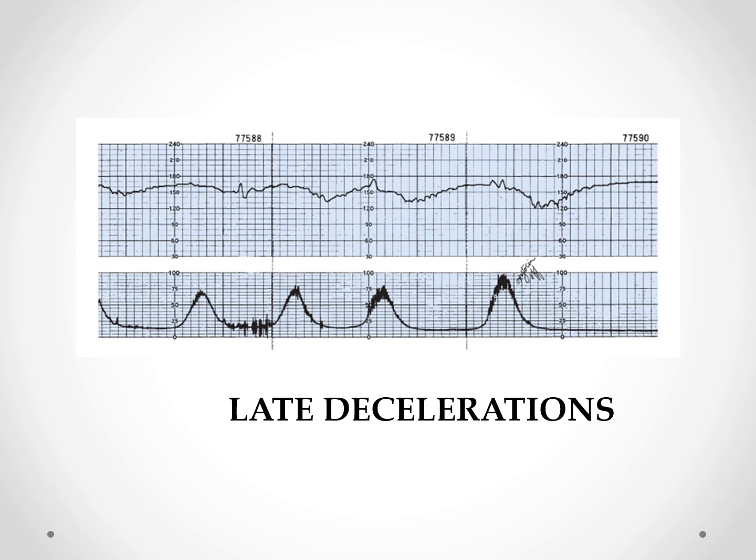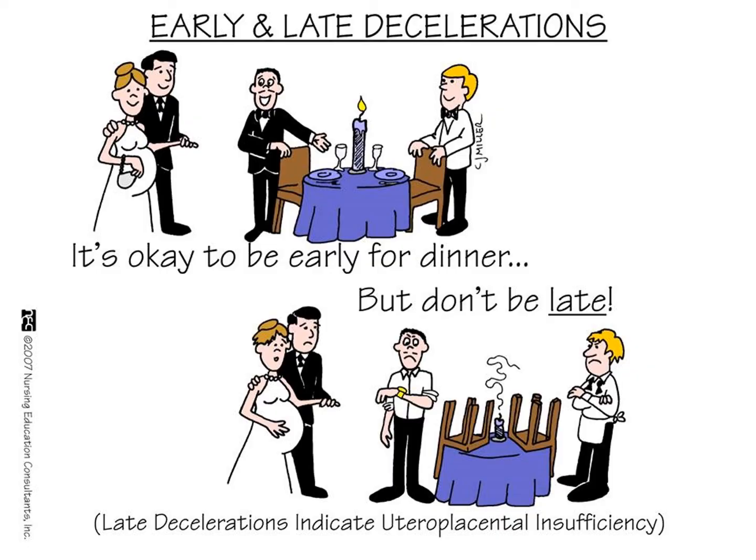I don't think I can point with this, but you'll see that it begins to go down right about just to the right of the peak, or the acme, on that second full contraction. So that's a late deceleration. We'll look at some of these in class again too, so I can draw and help you see that. Again, just a little picture to depict: okay to be early, not okay to be late.